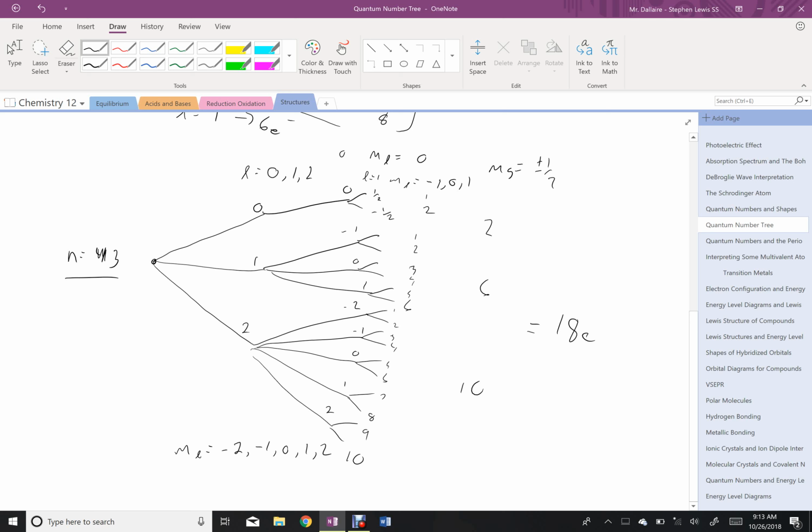So the size 3 electron shell can actually contain 18 electrons. So that's how you can use a quantum number tree to show how many different orbitals there are for each condition, and then how many electrons can go into those orbitals.